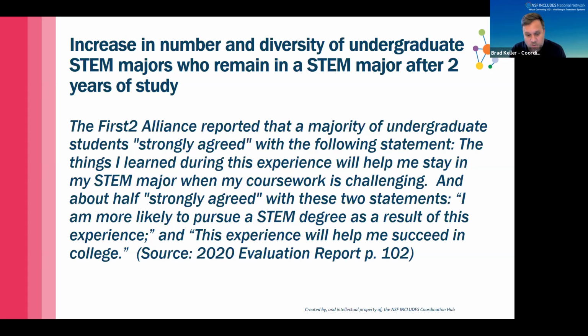And you see at the bottom, we have a source. It's from the 2020 evaluation report, page 102. At present, we do not have many outcomes in this inventory, but we imagine that's going to change over time as the alliances mature and as more STEM BP projects contribute outcomes for inclusion in the inventory.